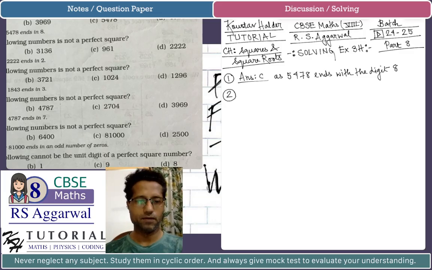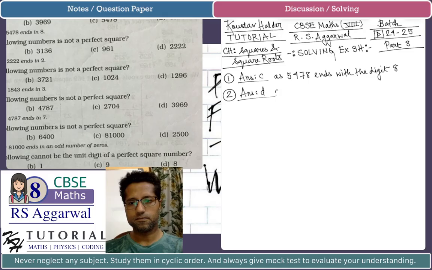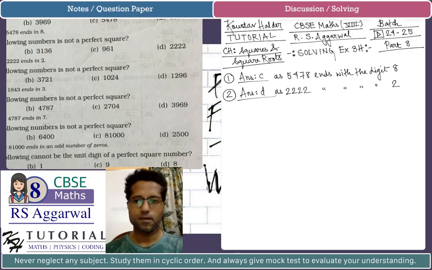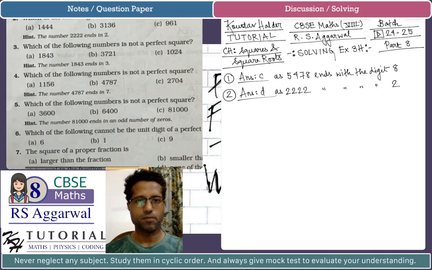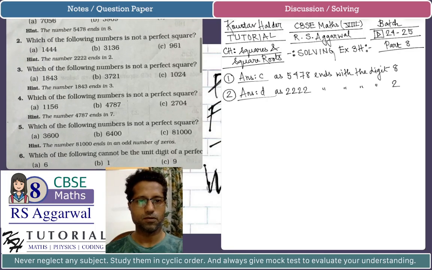So we don't even need to check the other numbers. The answer is choice D, as 2222 ends with the digit 2. Any number ending with the digits 2, 3, 7 or 8 cannot be a perfect square. This is a property of a square number. Okay.